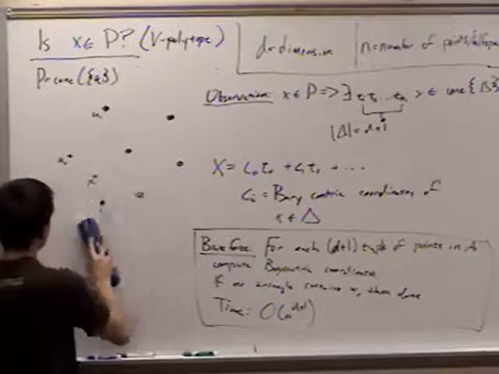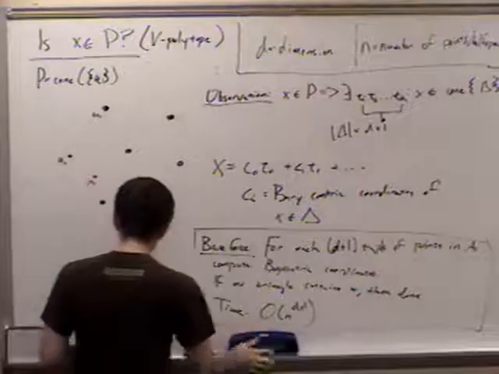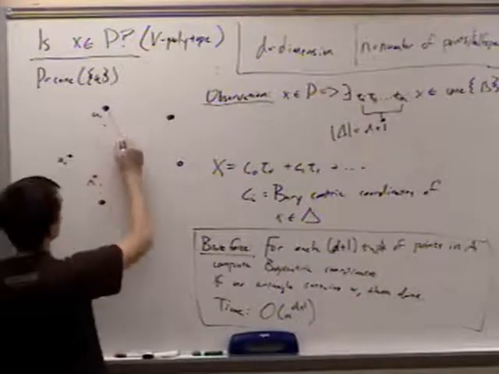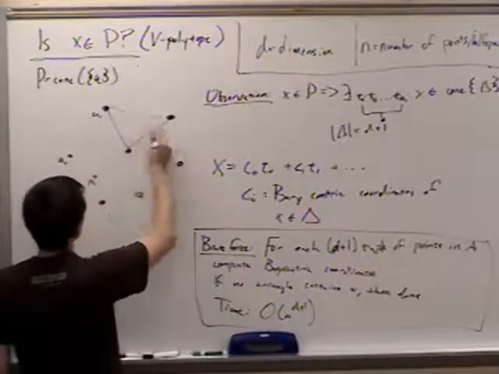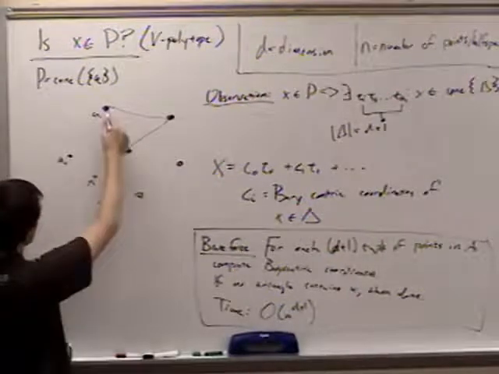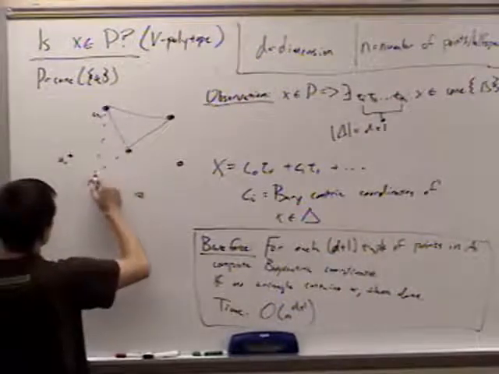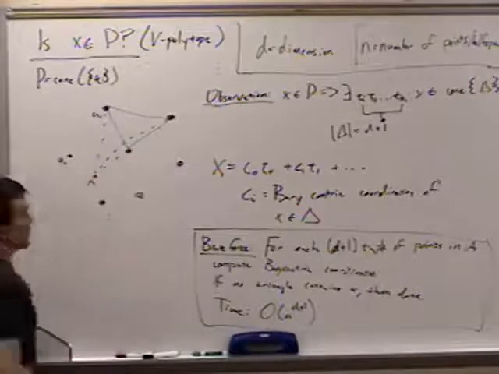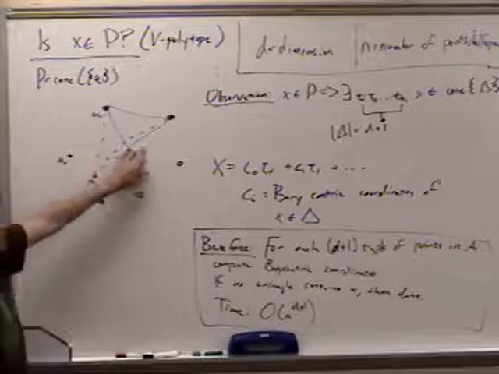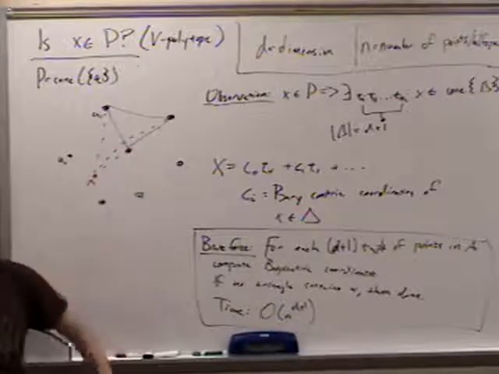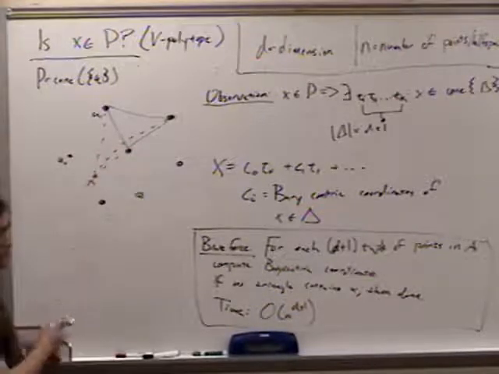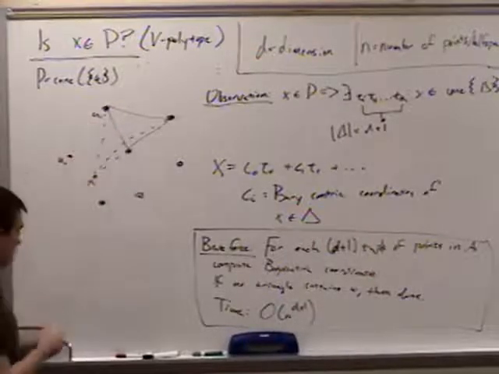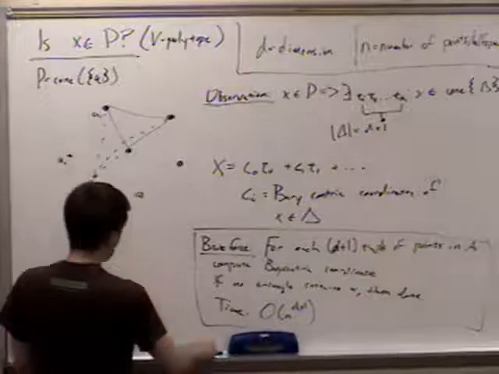So the idea is we start off by picking some random simplex inside the set. So maybe we start out here. And then we calculate these triangles and the areas of them. And we'll see that maybe this edge here, x is behind that one. So then what we can do is loop over all the points again and replace this vertex of the triangle with a new vertex, maybe this one here.